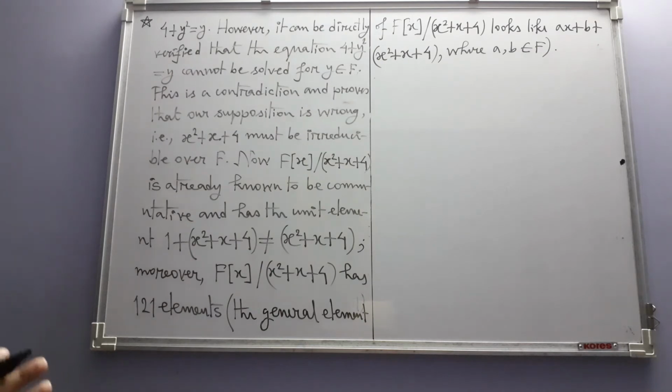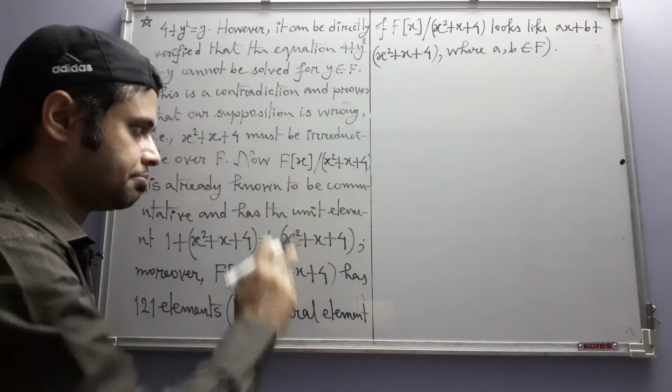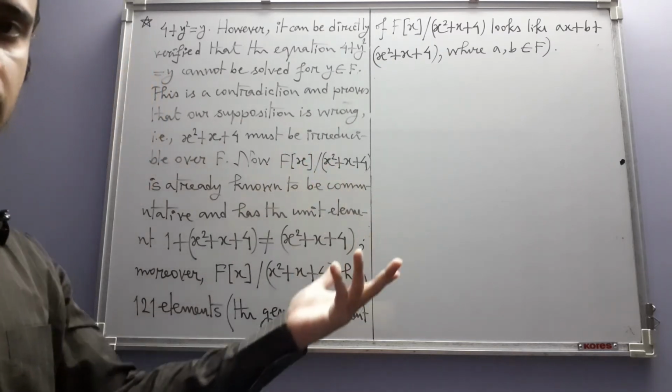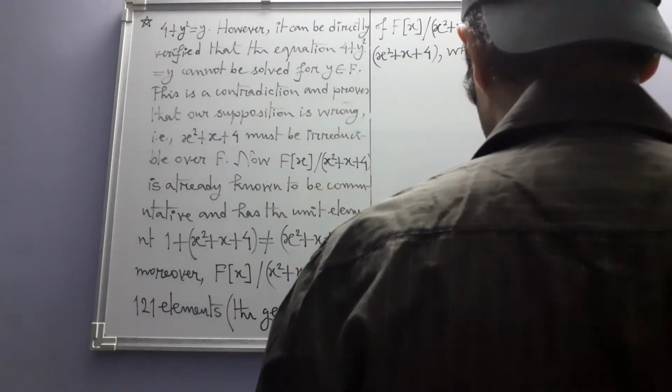So the thing that is left for us to show is that every non-zero element has a multiplicative inverse, like before. So now we try to do that.